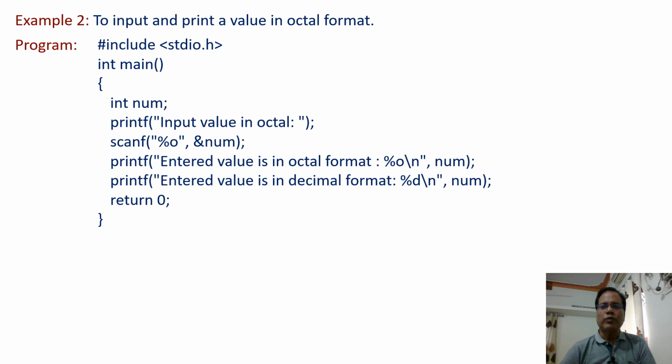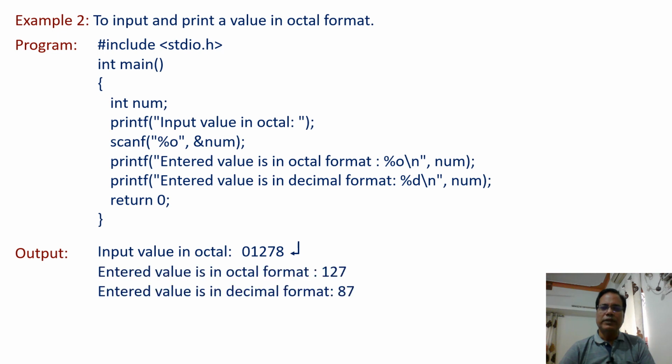Again, this program is similar to the previous program, but when this program is run, if we enter an octal number like this one, 0, 1, 2, 7, 8, then what would be the output printed using the printf statement?